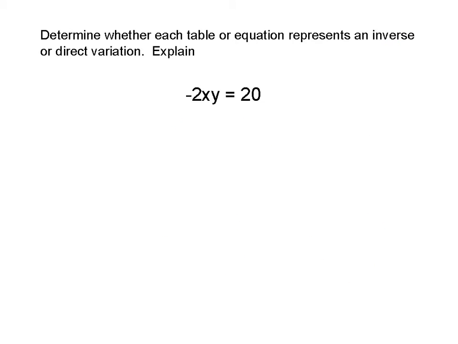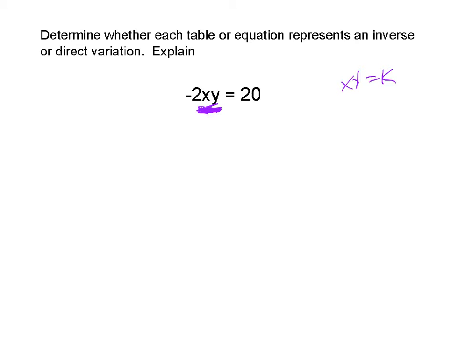Sometimes they'll just give you an equation and ask, what kind of relationship is this, an inverse or a direct variation? Remember, x times y equals k is one of the ways to write an inverse variation. So if you ever see an x and a y right next to each other being multiplied times each other, that's an inverse variation.